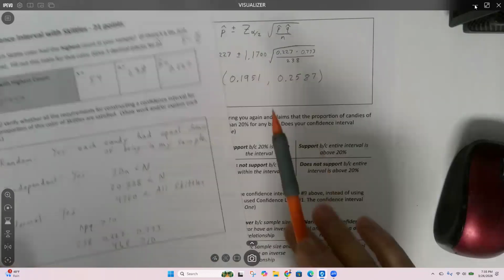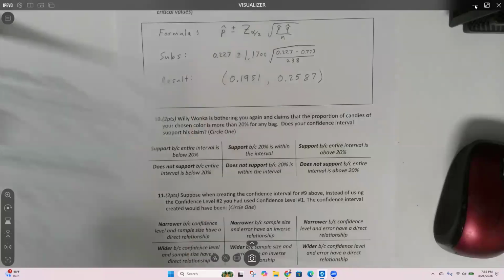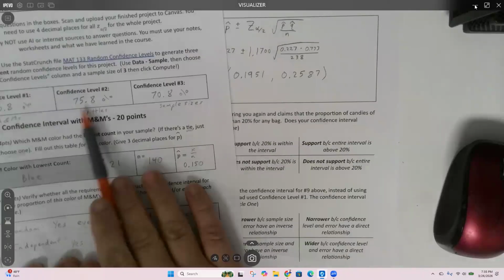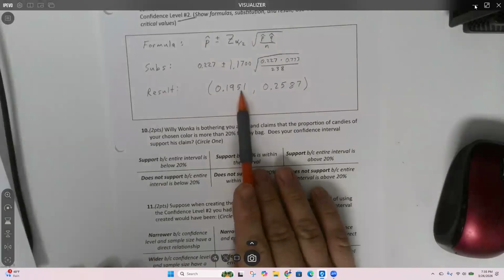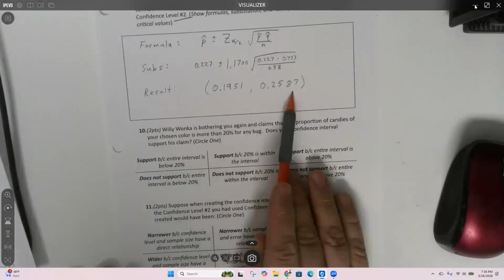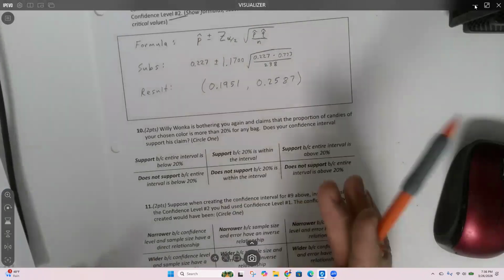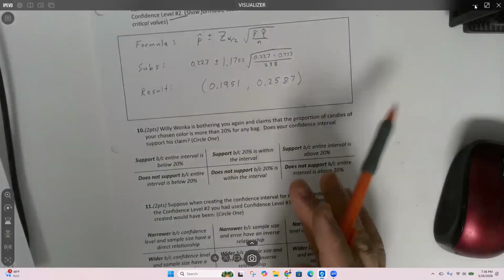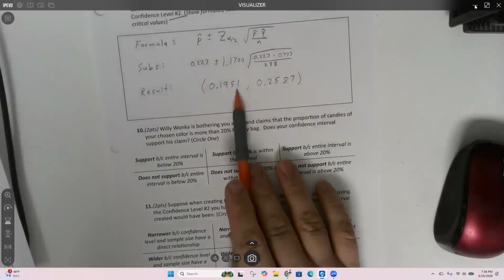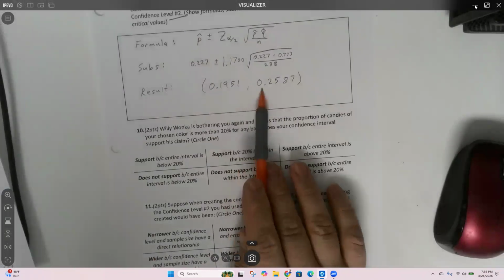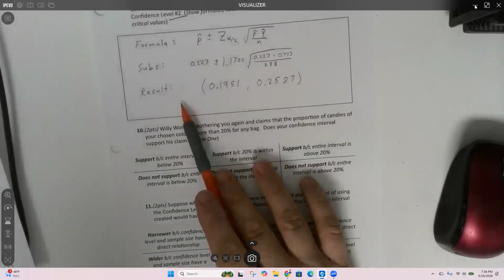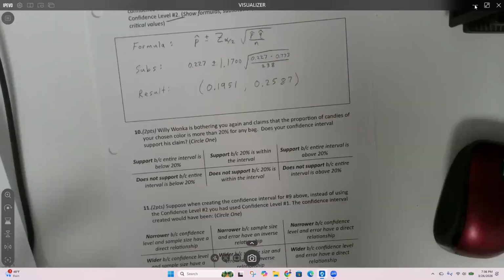How close? Well, I am 75% confident that the true green percentage is somewhere in this range. That means there's a 25% chance that I'm wrong and that the true proportion is outside that range.